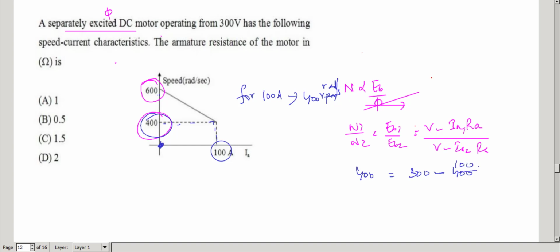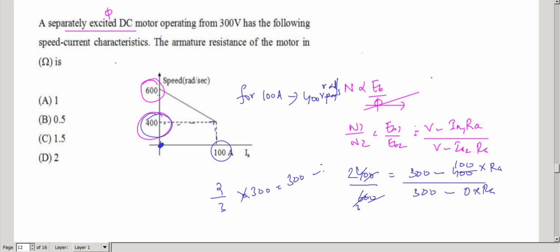At 600, V is 300, Ia is 0 into Ra. So 4 by 6, that is 2 by 3, equals 300 minus 100 Ra over 300. So 200 equals 300 minus 100 Ra. So 100 Ra equal to 100, so Ra equal to 1 ohm.